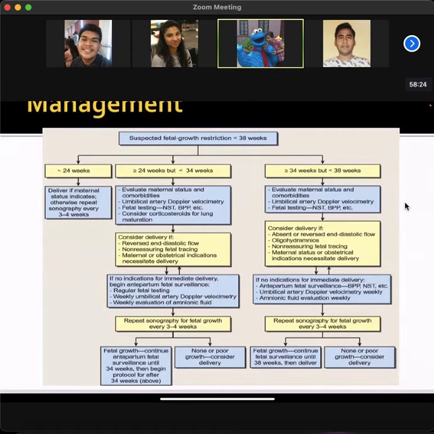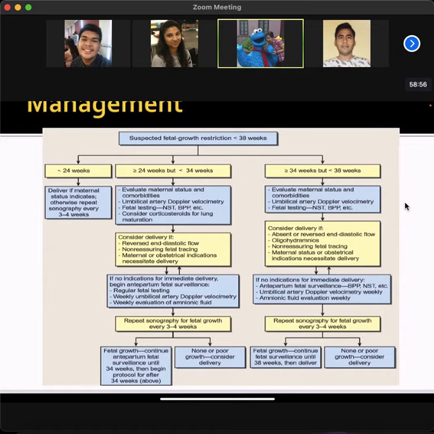If no indications, we give supplements and repeat sonography for fetal growth every 3 to 4 weeks. In babies that are 34 to 38 weeks age of gestation, again, evaluate maternal status. So take note, the common factors here are evaluate maternal status and comorbidities, Doppler velocimetry, and fetal testing or fetal well-being studies.